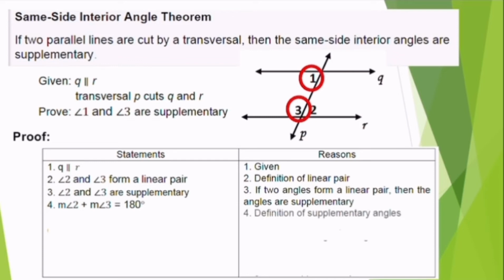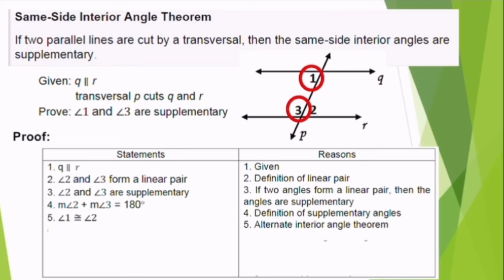The reason? That is the definition of supplementary angles. Next statement, angle 1 is congruent to angle 2. The reason here is by alternate interior angle theorem.